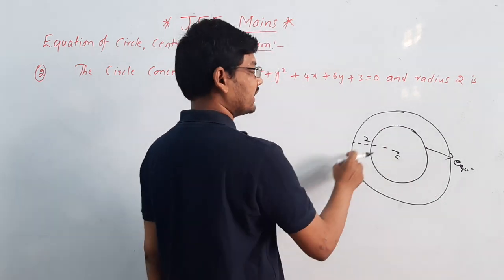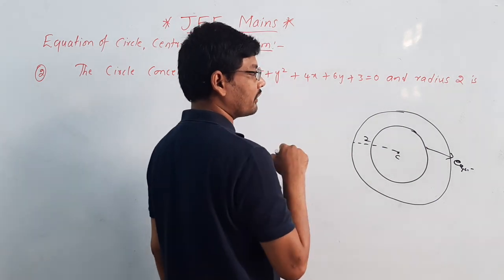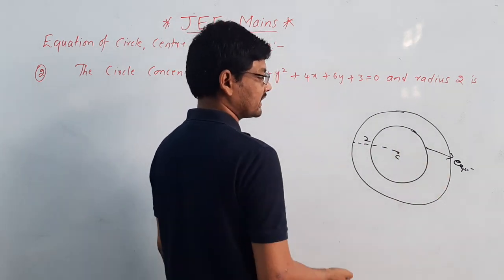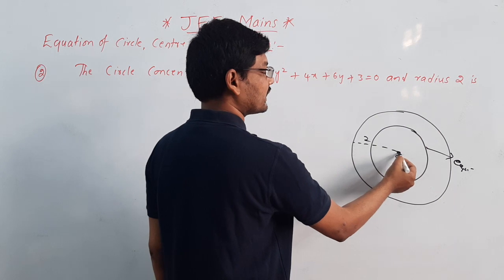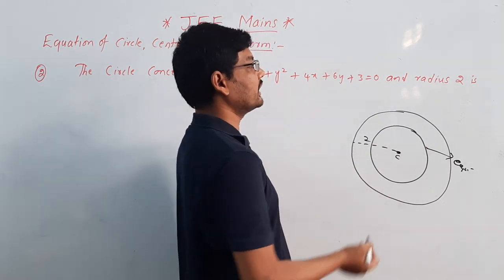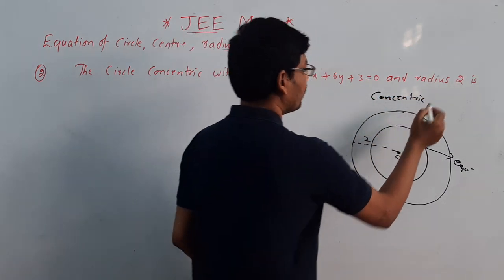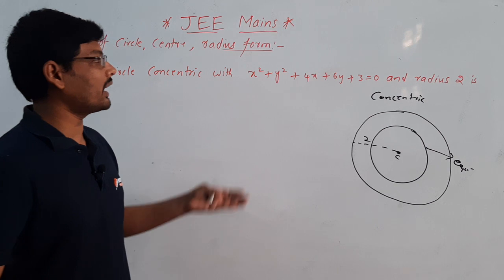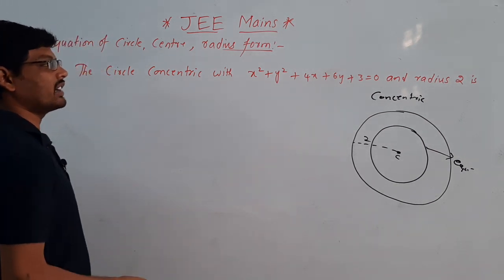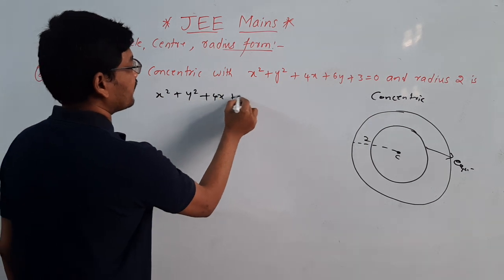We don't know whether it is inside or outside, but I am assuming it is outside. A concentric circle is nothing but circles having the same center and different radii. Here for this equation I am reducing time every time.